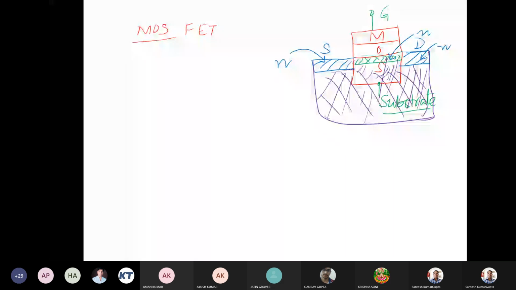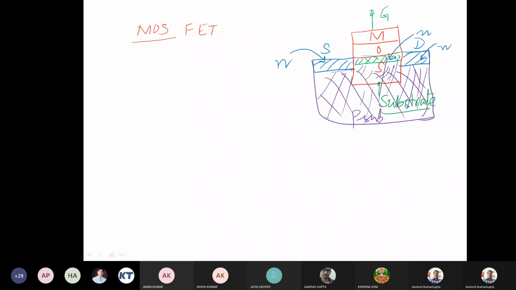So the substrate is of the opposite type. On a P substrate we make N channel devices, and on an N substrate we make P channel devices. That is the convention here. This is just the cross-sectional view.